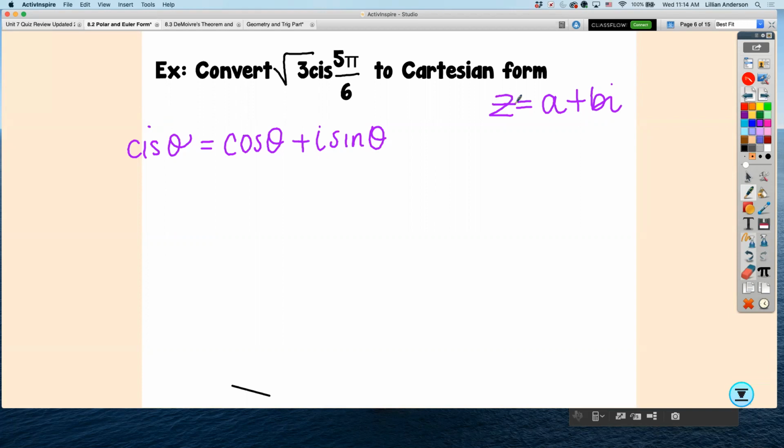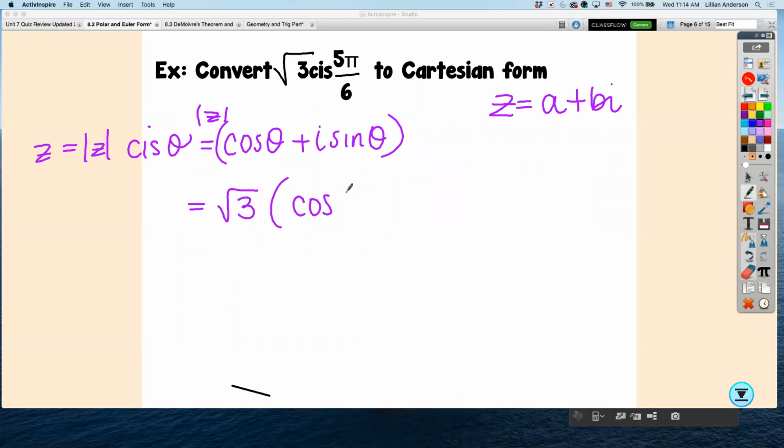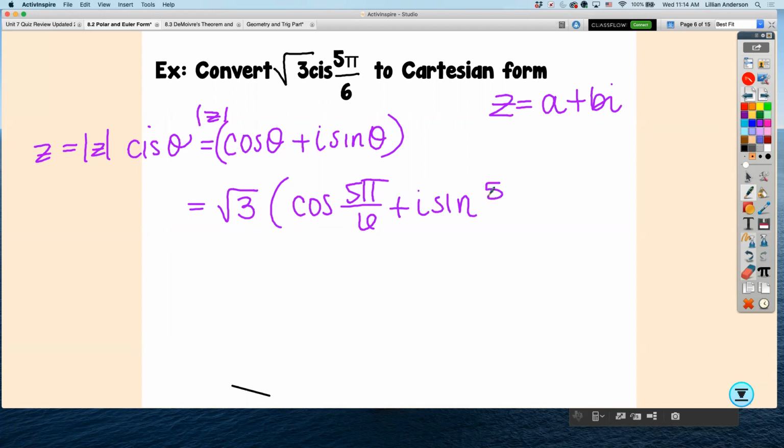So remember that when we have a modulus in front, it's technically multiplied by all of this. Okay, what is our modulus? It's root 3. So then we'll have root 3 times the cosine of theta. What's theta? 5 pi over 6, plus i sine theta, which is another 5 pi over 6.